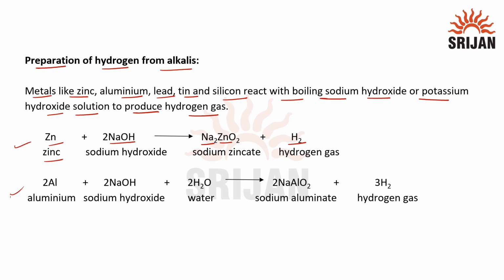That is zinc plus sodium hydroxide gives sodium zincate plus hydrogen gas. Next is 2Al plus 2NaOH plus 2H2O gives 2NaAlO2 plus 3H2. That is aluminium plus sodium hydroxide plus water gives sodium aluminate plus hydrogen gas.